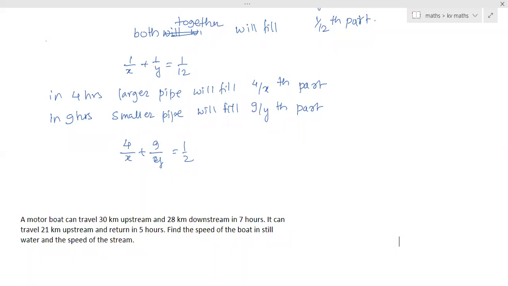Ma'am, the speed of the boat is 10 kilometers per hour, speed of boat in still water. Yes, ma'am, 10 kilometers per hour.